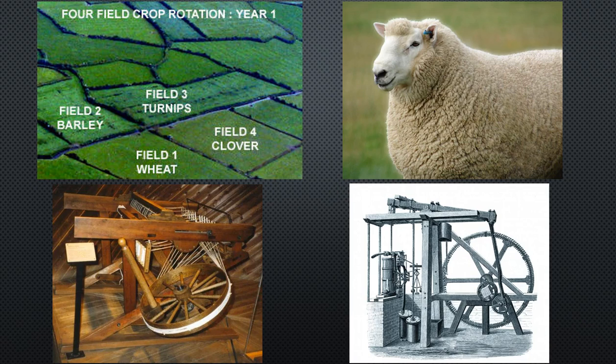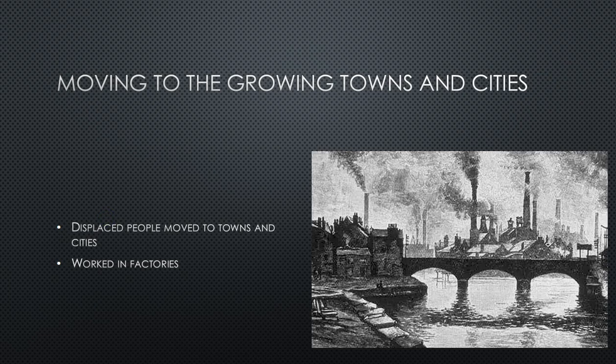And these new urban centers had factories, so they had jobs. These cities grew more and more as people came looking for those jobs in factories, and in moving to these places, the lives of these people were drastically changed.